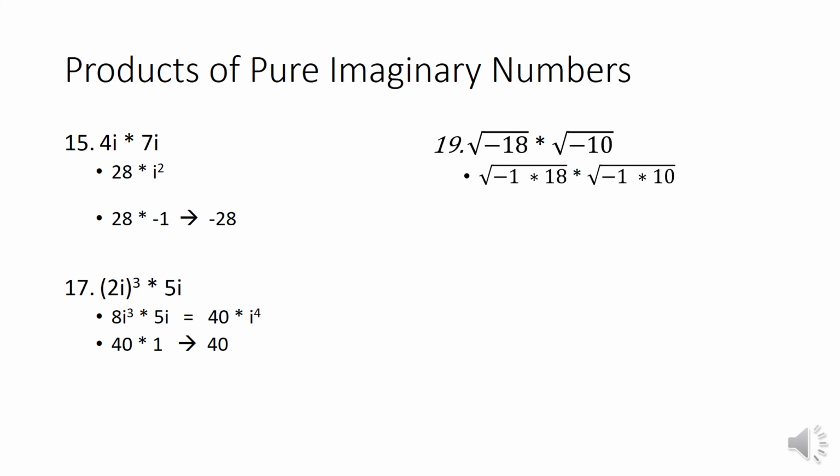And from that general rule I went over at the very beginning of this presentation, we know that we can break those two radicals up into these 4 radicals. Now, what's the square root of negative 1? That's just i, so we're going to have i squared times the square root of 180.